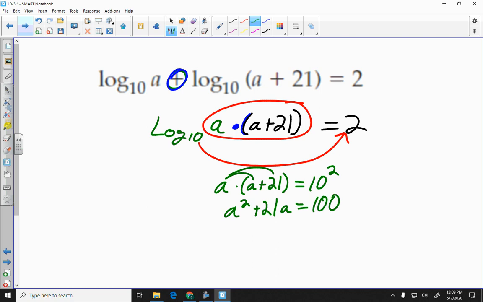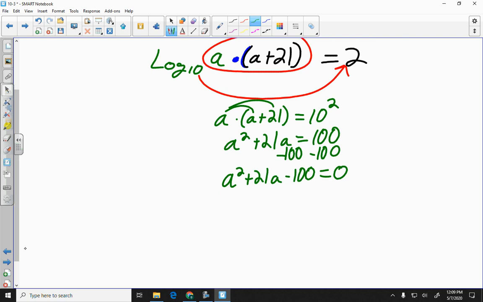Now because of this a squared, it's a quadratic, I'm going to have to solve it like a quadratic. So let's get it equal to 0. Let's minus 100 to both sides. And we're going to get a squared plus 21a minus 100 equals 0. Does it factor? Let's try it. Well, a times a makes my a squared.